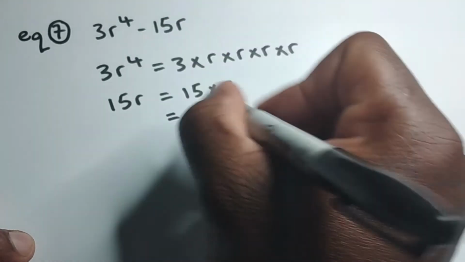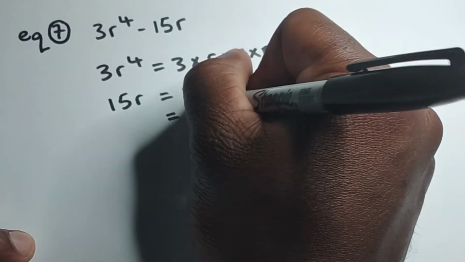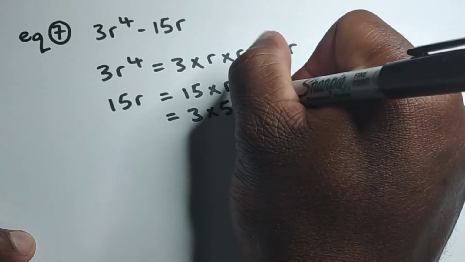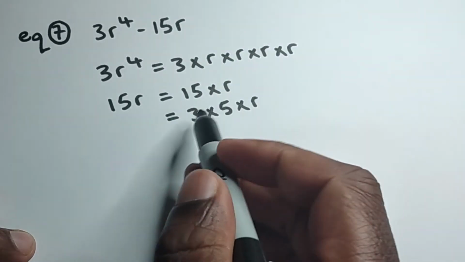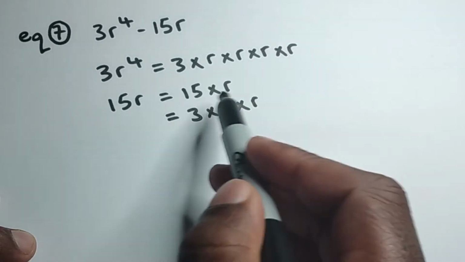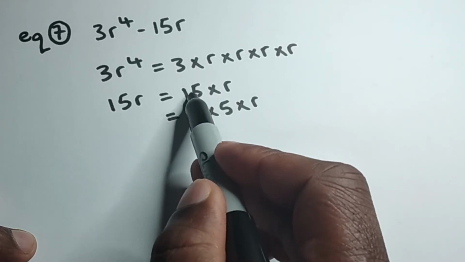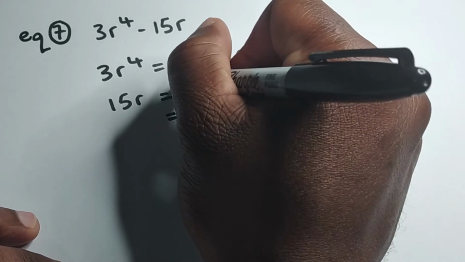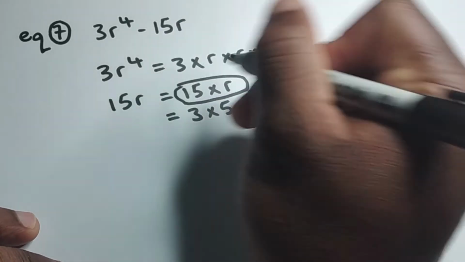We can also expand the 15 some more and obtain 15 by multiplying 3 times 5. And then we'll multiply the R there. So 15 times R is the same thing as 3 times 5 times R, all right? So I simply wrote the factors for 15 right there. So we're not going to pay attention to this part of it.